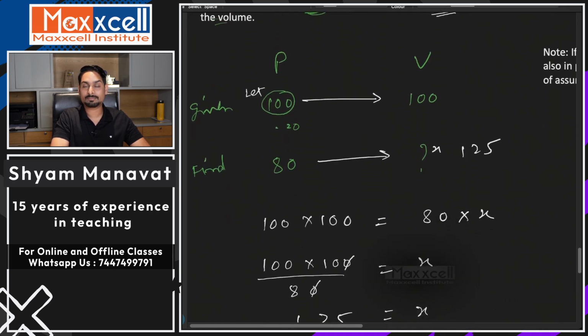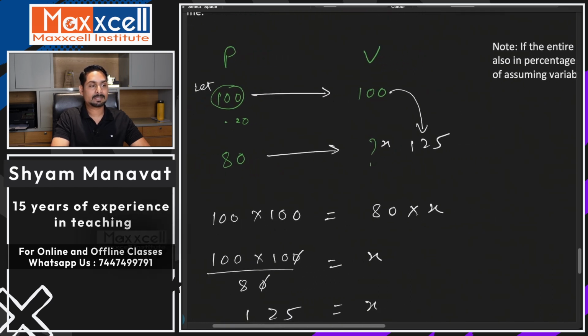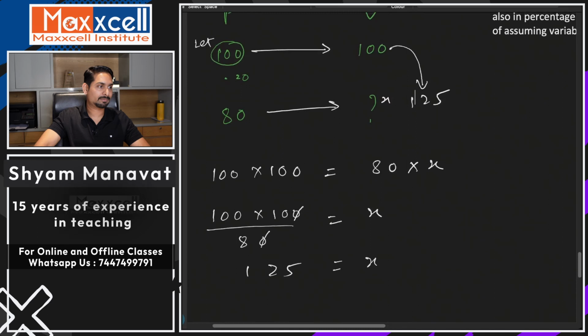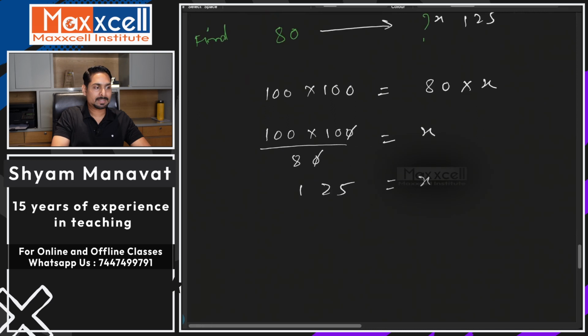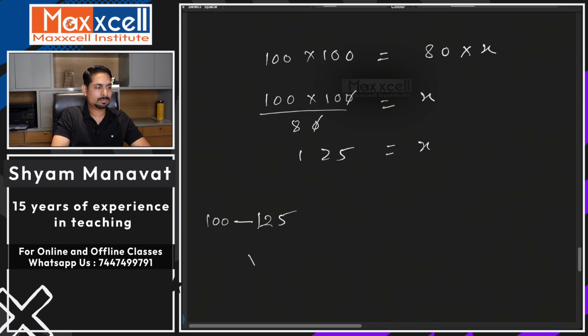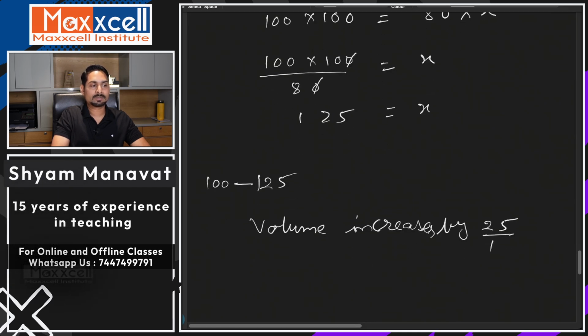Don't find the volume value, find the change. What is the change? 100 becomes 125. It is increasing by 25. That means volume is increasing by 25 over 100.